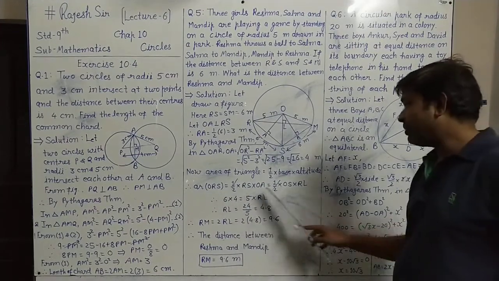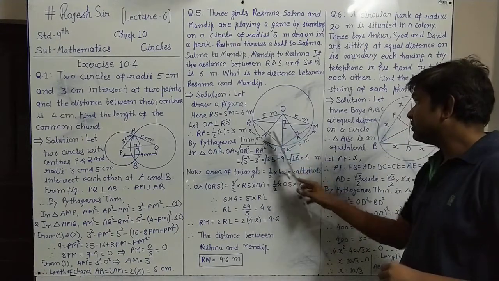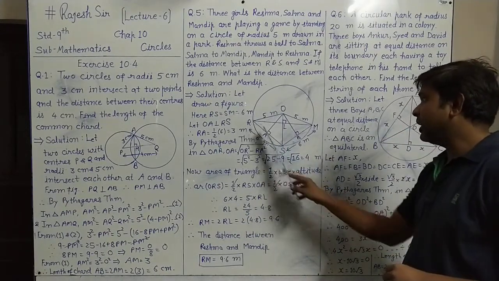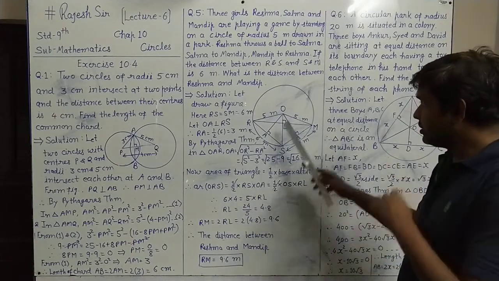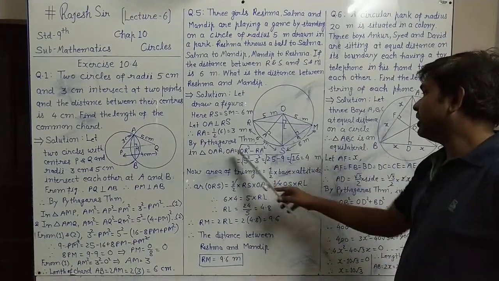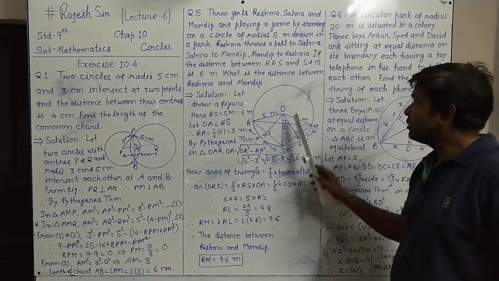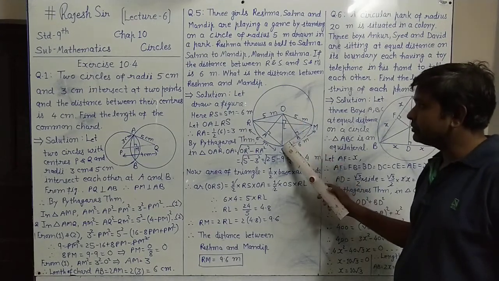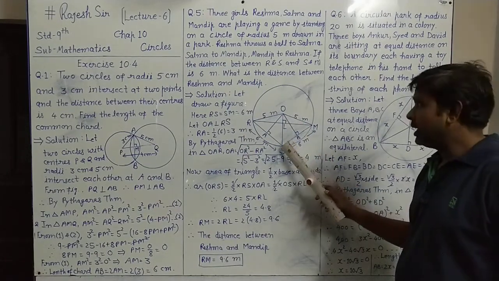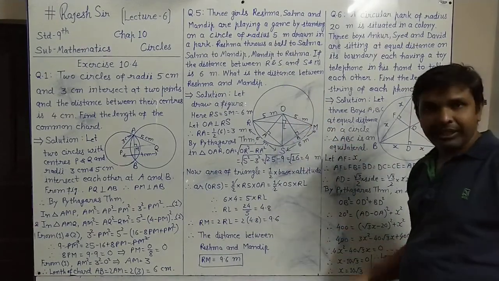Now on both sides the half is cancelled, and place the values. RS is 6 given, into OA, OA we found 4, equals OS, which is again the radius of the circle, 5, into RL, which we want to find out.